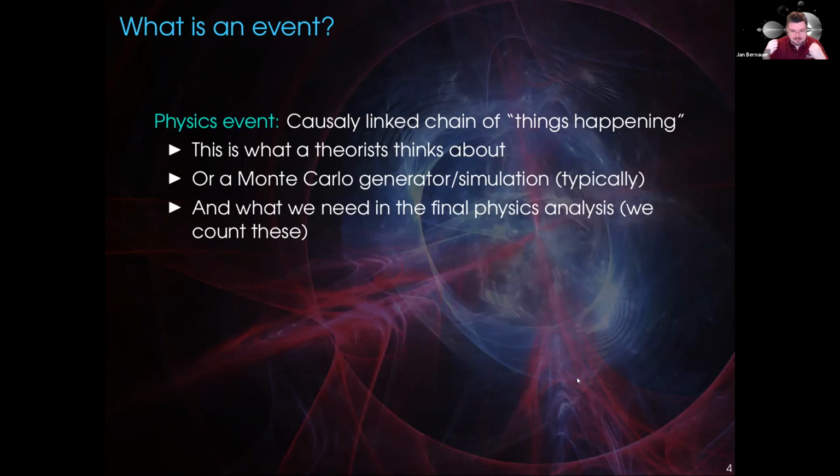A particle is shot into a target, it bounces off, stuff happens, stuff comes out, right? It's causally linked. And that's what the theorists would think about, and a Monte Carlo generator normally produces. And that's what we need in the final physics analysis, because that's the thing we count, right? It's all counting. We count how often this happens with these specifications. That's a bin, right? And then we do things on that.